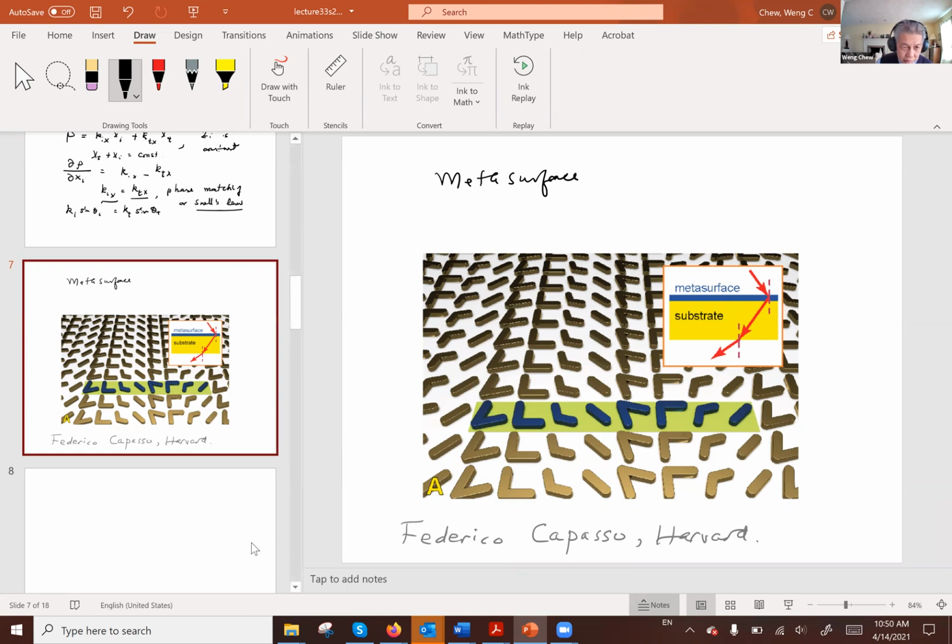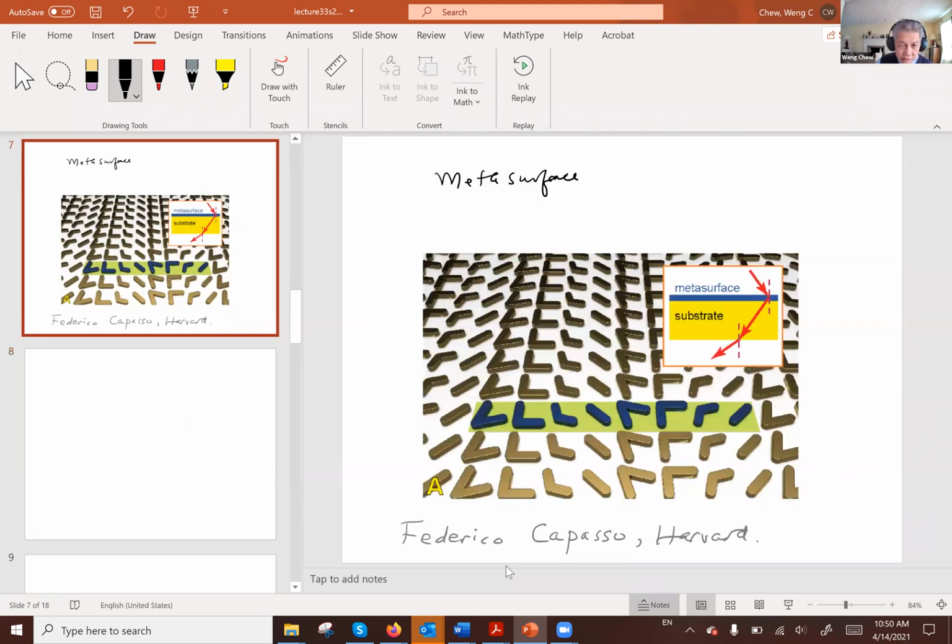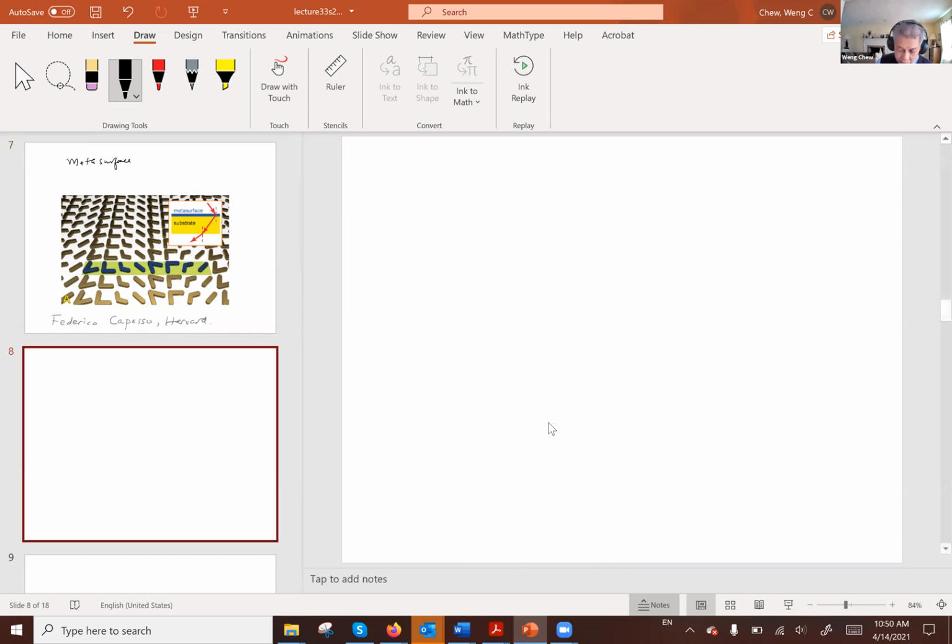Okay, so this work was actually done by Federico Capasso of Harvard, and you can read about his work, which is pretty well known in the community. So instead of saying that the phase delay now is just the simple Ki dot Ri plus Kt dot Rt, we have a phase screen.